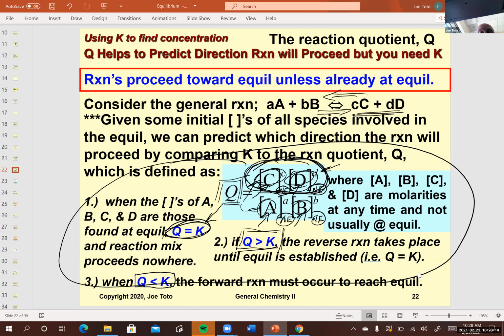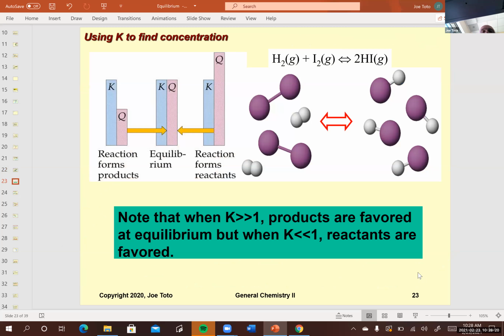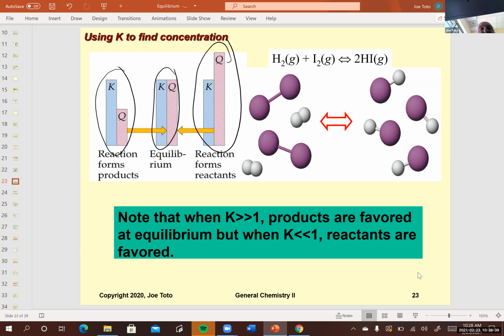Where do I put the positives and where do I put the negatives? So this is a picture of the Q concept. When Q equals K, it's at equilibrium, no shifting, concentrations are constant. When Q is less than K, it's got to shift to the right to make more products. When Q is greater than K, too many products, got to shift to the left.